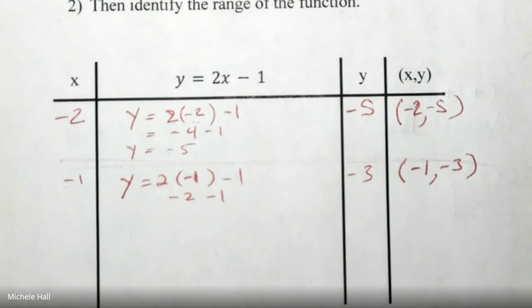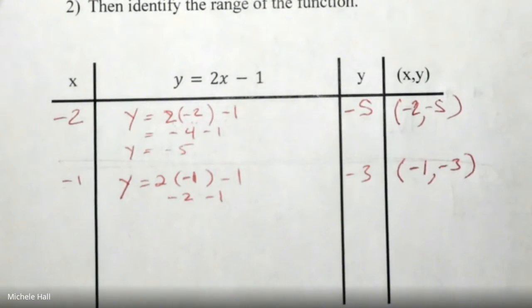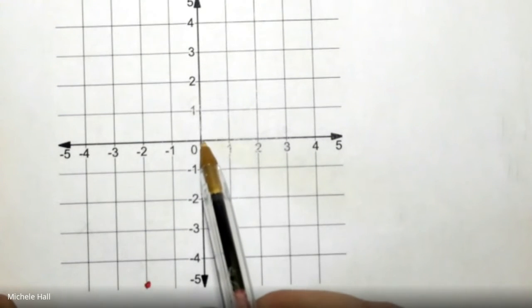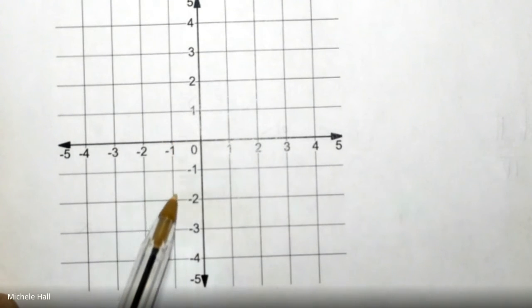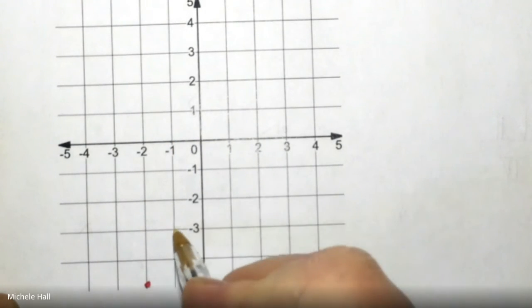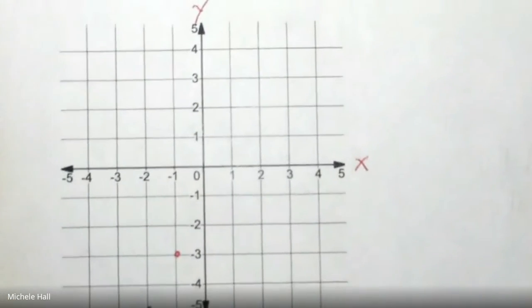So -1, -3. We're going to plot that point. Starting at the origin, x is -1, and then y is -3, down 3. And I am going to put X and Y on my graph.